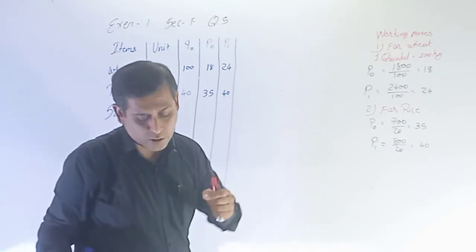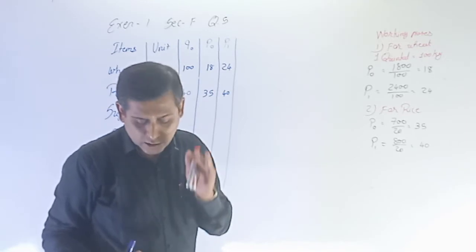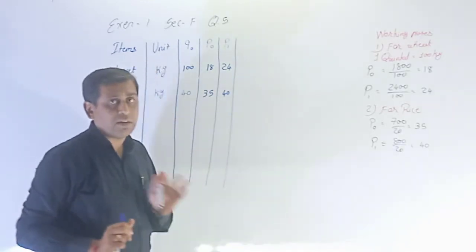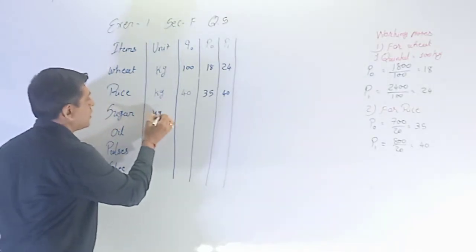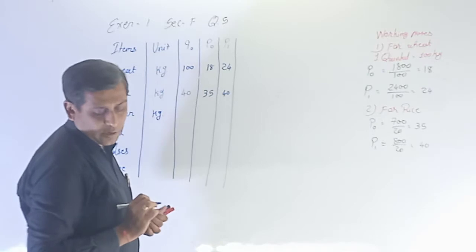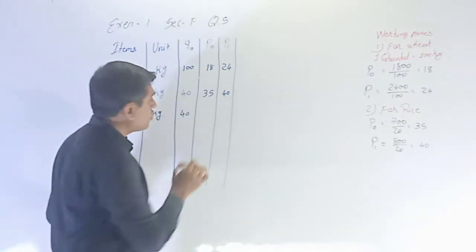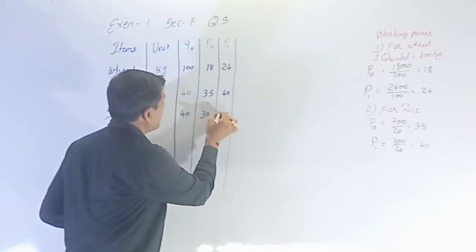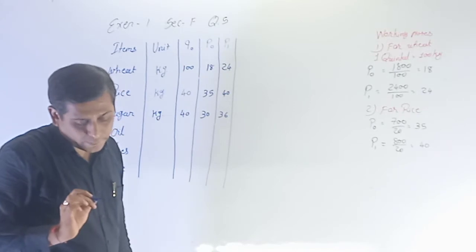Now for sugar, kg is given, there is no change in the quantity as well as in the price. So we just write kg as it is in the unit column, then quantity 40, then price 30 for the base year and 36 for the current year.